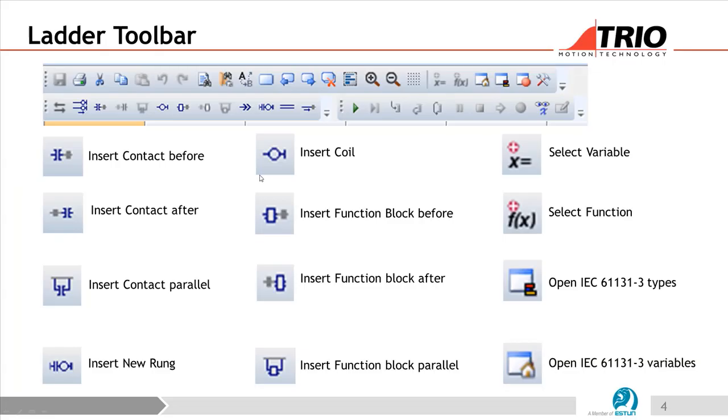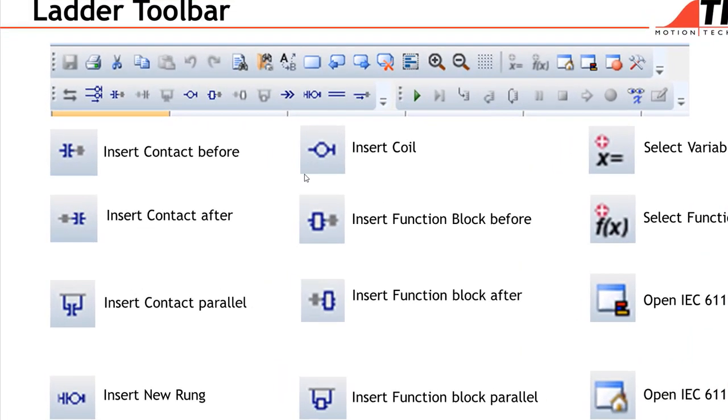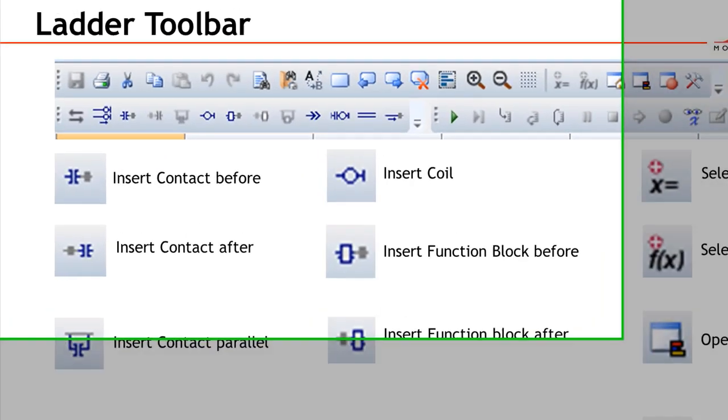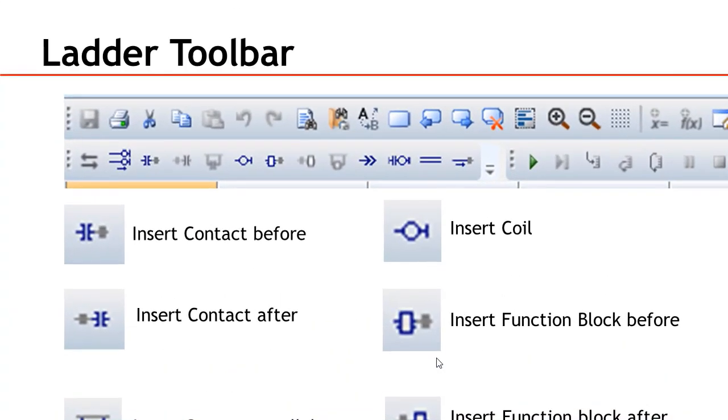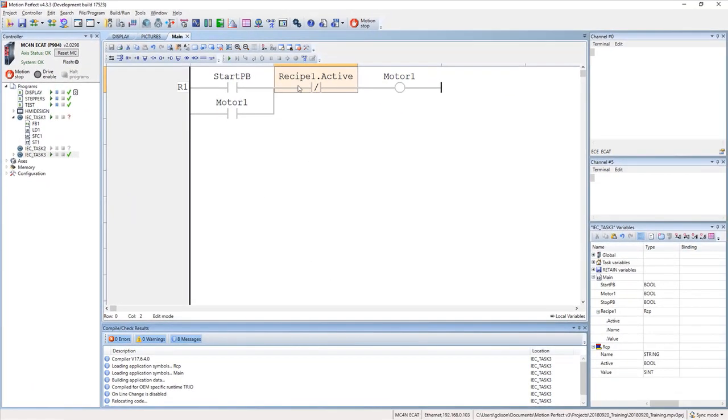All right, so that's pretty much the ladder logic. And we're going back to the toolbar. So these are the function block instructions. Another one is insert new rung, insert coil. For the ladder logic itself, we've got the whole library with the function blocks. So in order to do so, we activate this toolbox window. Click it.